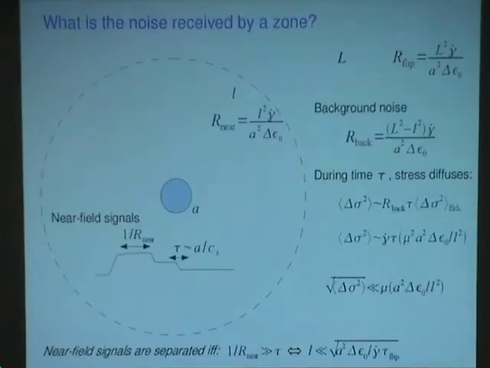The signals which come from far away are just some noise, but they are noise which will not blur these drops, these changes of stress. So the ansatz is that provided that this zone sees an individual signal, then it's likely to correlate with the source from where this signal was emitted.